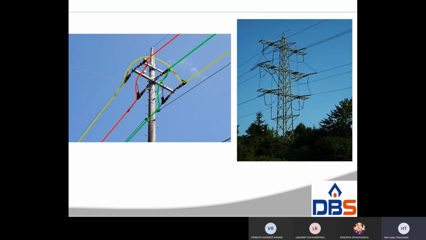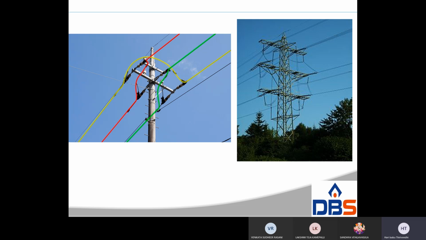Look at the picture, just your observation only. Derivation is completed. How are we transposing the transmission lines? It is a communication line, right? This is a telephonic tower. Through the telephonic tower, the power lines are also carrying. At that time, radio interference or communication interference will appear.